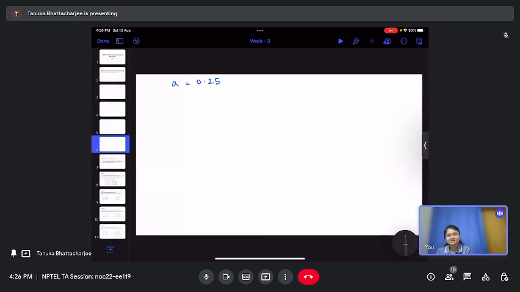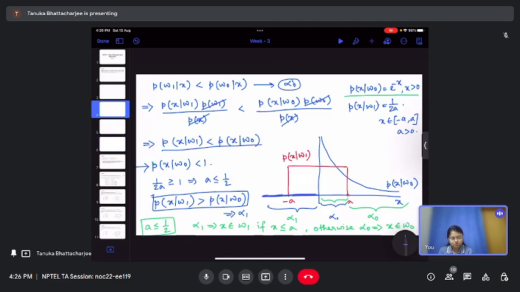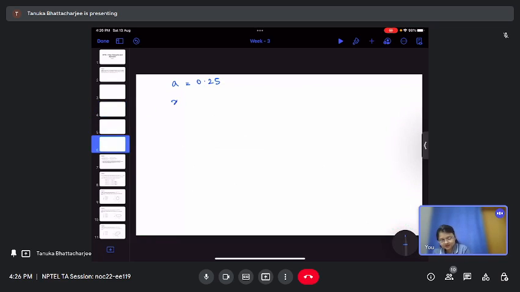In that case, a is less than half, so our classifier will follow this rule. We will put x in omega 1 if x is less than or equal to 0.25, and if x is greater than 0.25, we will put x in omega 0. So now what will be the probability of error given x?